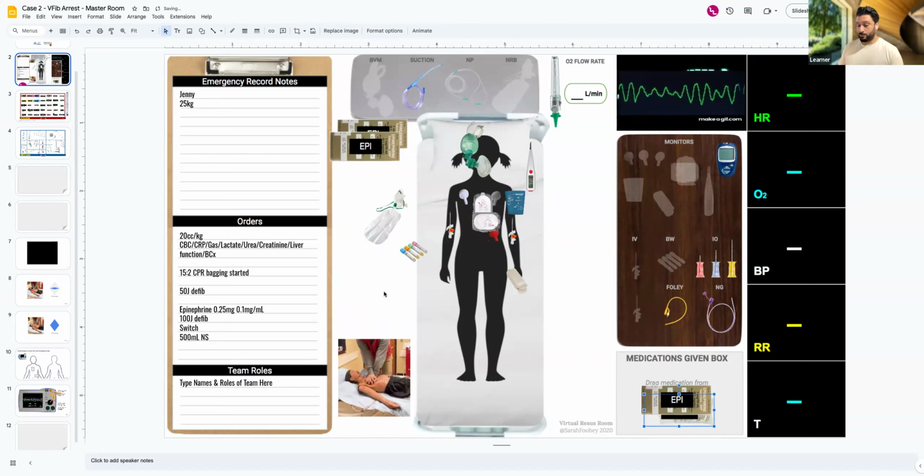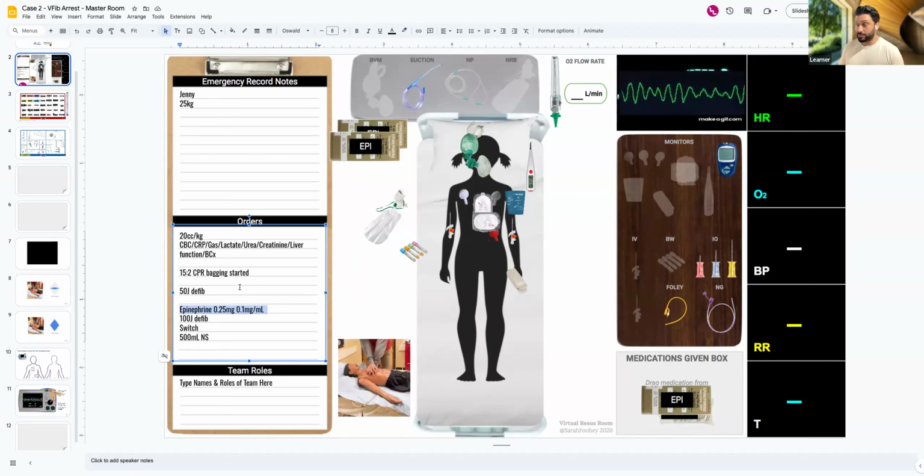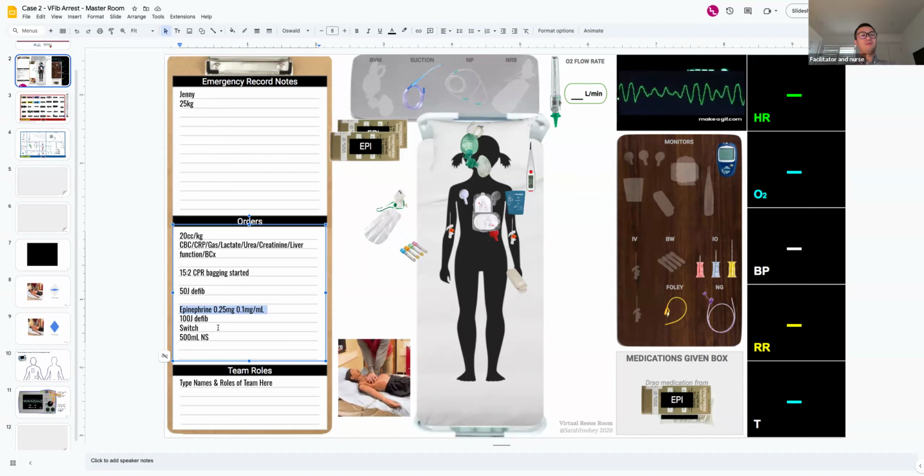Okay, everyone, just to summarize where we are, we're in pulseless VFib. We have delivered 2 shocks. We have given 1 dose of epinephrine, and we are continuing compressions at this time. We're bagging easily. Does anybody have any suggestions or recommendations? I think we should think about our five H's and T's.